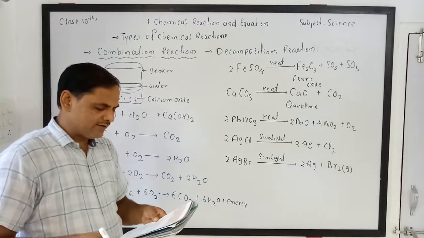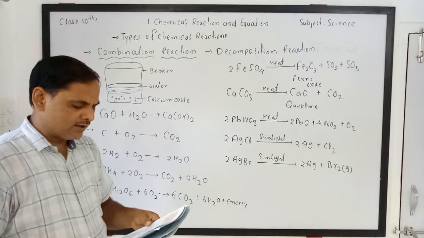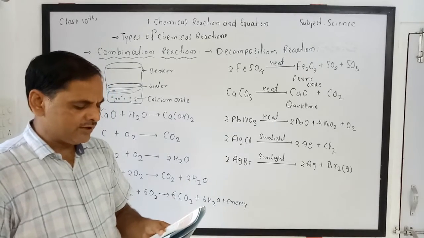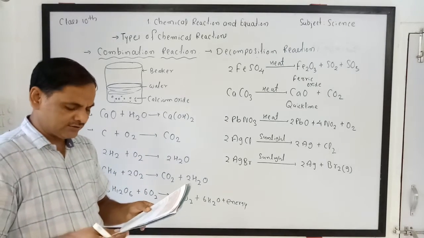In simple language, when two or more substances, elements or compounds combine to form a single product, the reaction is called a combination reaction. Underline this, because this is the definition of a combination reaction.